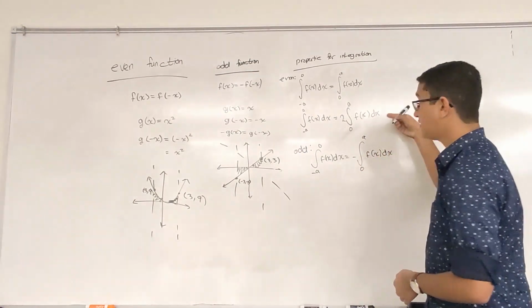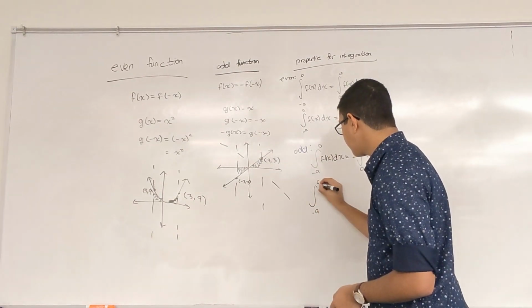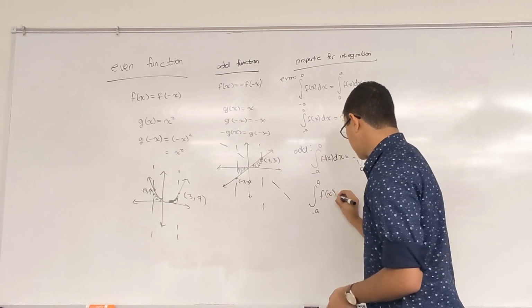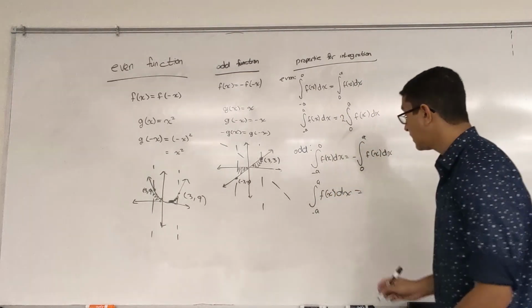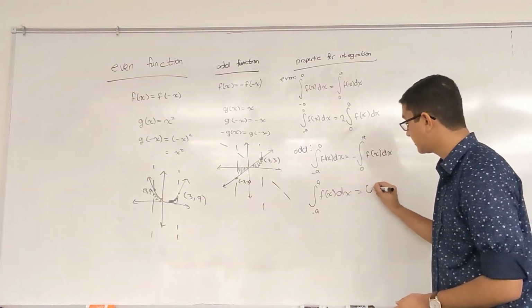And likewise, when we're integrating from negative a to a of our function f of x dx, that is going to be the sum of these two terms. The sum of these two terms is simply going to be 0.